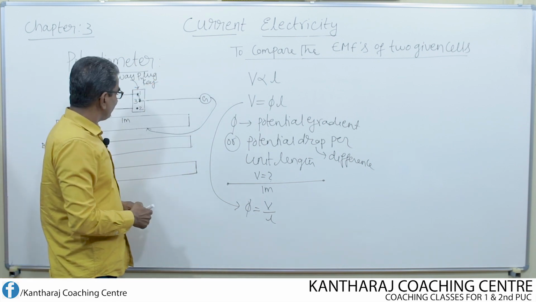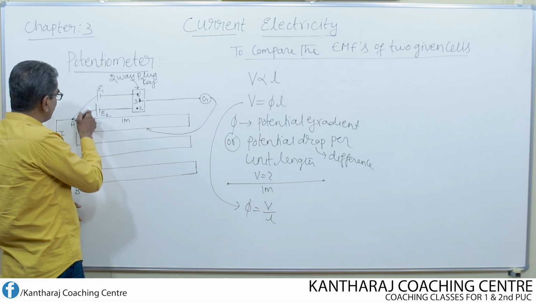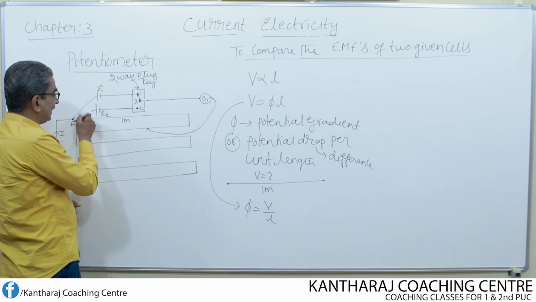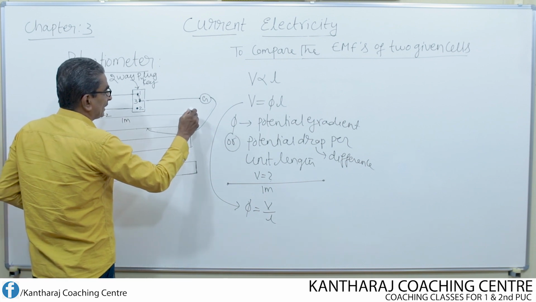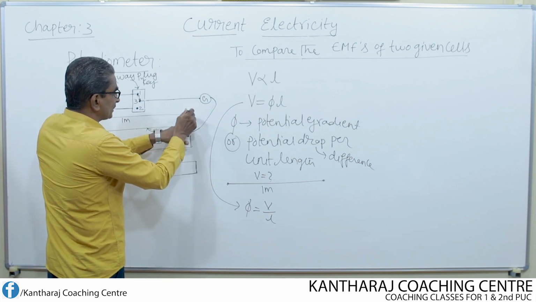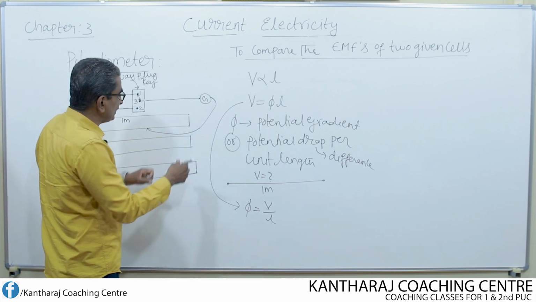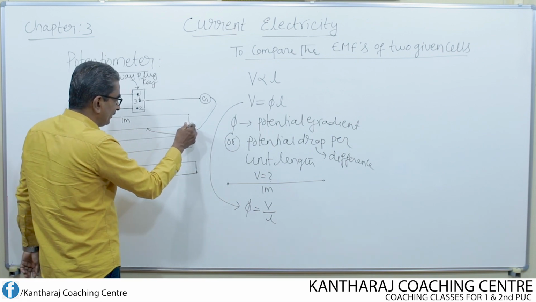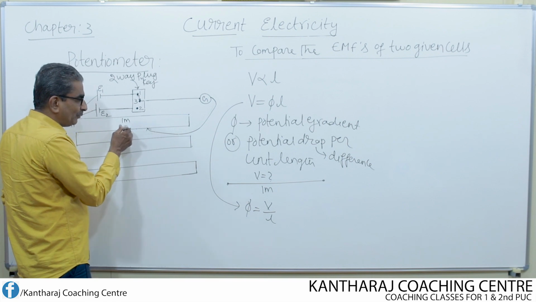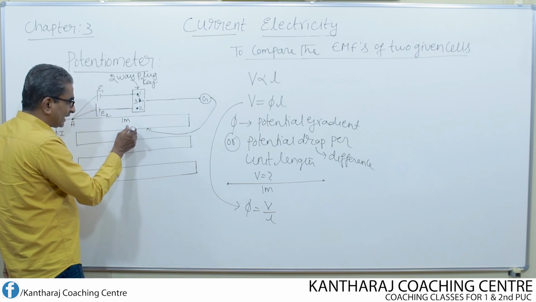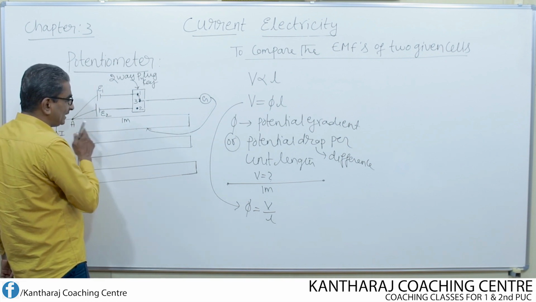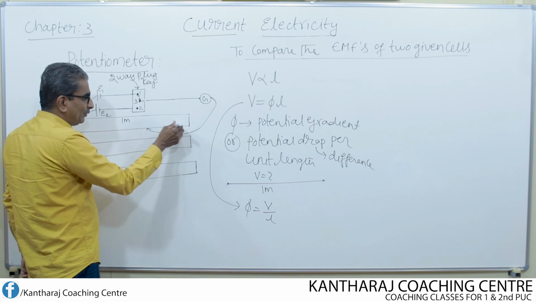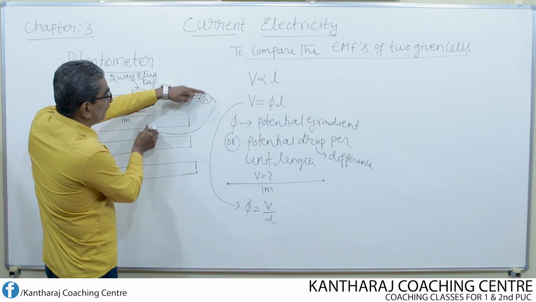I repeat again, move the jockey slowly from the end A of the wire. Even after reaching this end of the first wire, if we do not get zero deflection, then slowly transfer the jockey to the next wire and move it slowly like this. While moving over the second wire from this end to this end, at one of the points we get zero deflection.